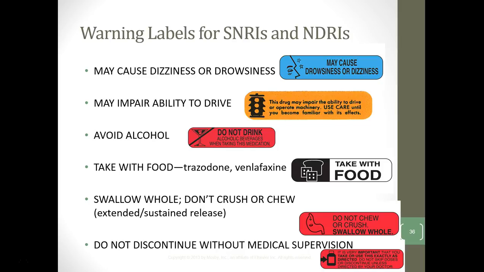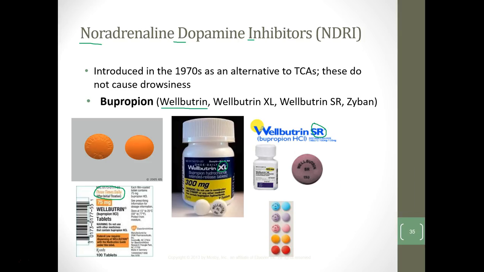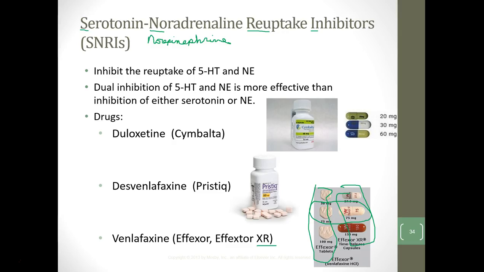Additionally, sedation could be found with venlafaxine and desvenlafaxine, and duloxetine can cause muscle weakness. I'm going to jump back just for a second here, and then we're going to look at these 2 drugs again. So again, we see that venlafaxine is in both of these formulations.